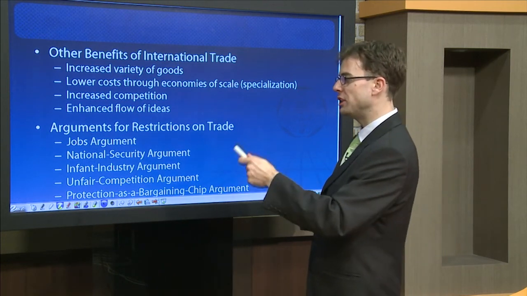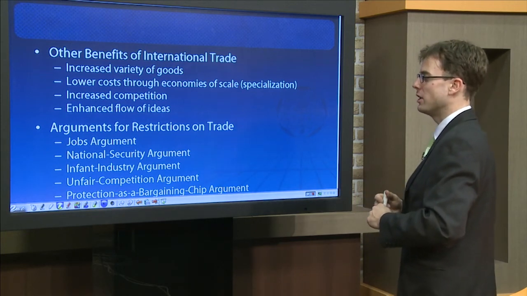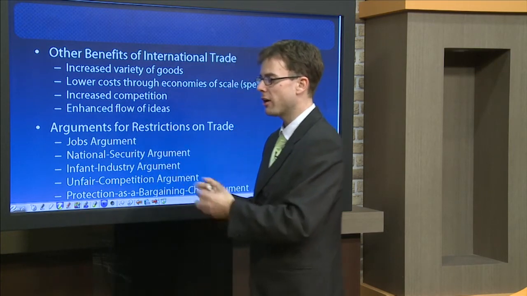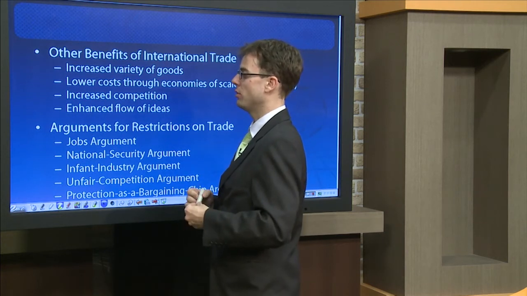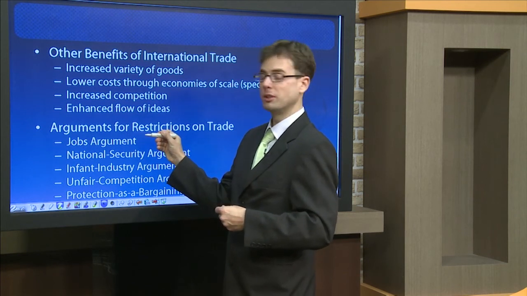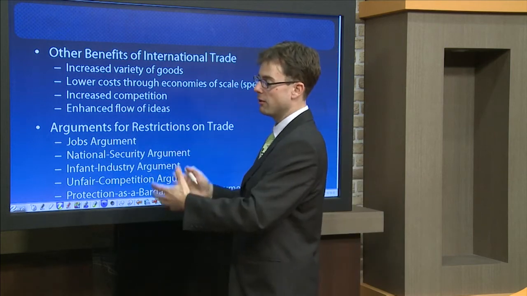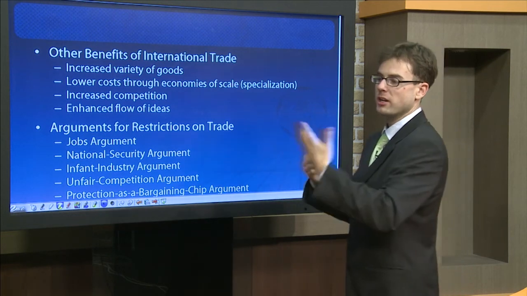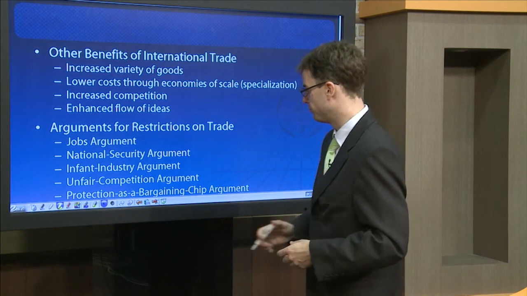So the welfare changes cannot be easily shared between market participants in a single economy. And because of this inability to share welfare gains, the government chooses to intervene in the market and protect producers, protect workers, or protect the size of the domestic economy, rather than allow importers to benefit from domestic markets.